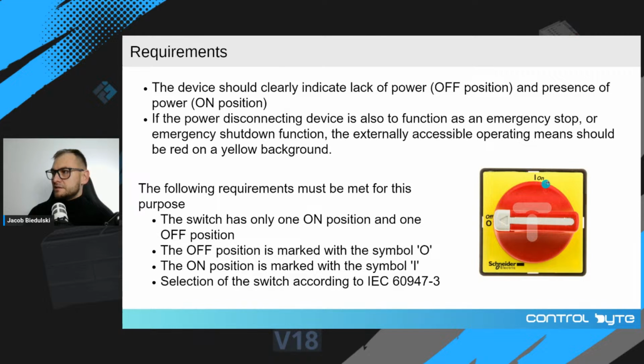Here you can see the on marking and off marking. If the power disconnecting device is also to function as an emergency stop or emergency shutdown function, the externally accessible operating means should be red on a yellow background. So this is the topic that we discussed a few minutes ago.